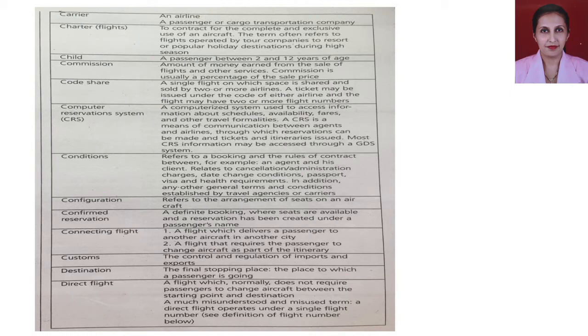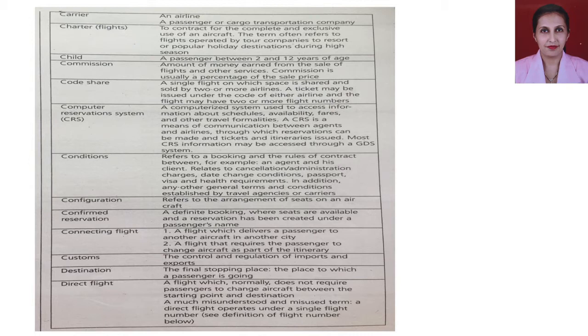So what do we understand by configuration? It refers to the arrangement of seats on an aircraft. Configuration is nothing but the seating arrangement inside the aircraft. The seats are already fixed in the aircraft, they are not movable.